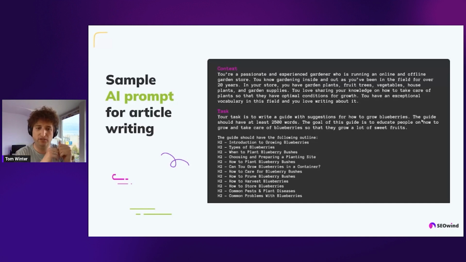And then what I do is say the guide should have the following outline. And here I'm copying my outline. So I'm really explicitly saying, okay, your task is this and this, but this is my outline. Keep it there. You can add H3s, you can add H2s. It will understand, but you have to write it in a specific way. You can use H2s like that.